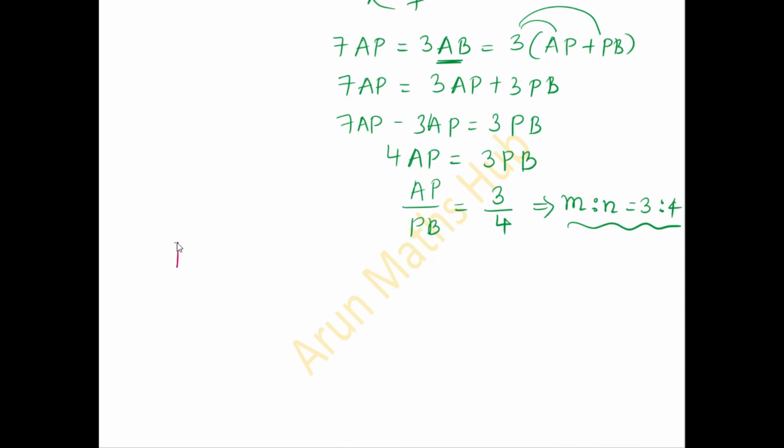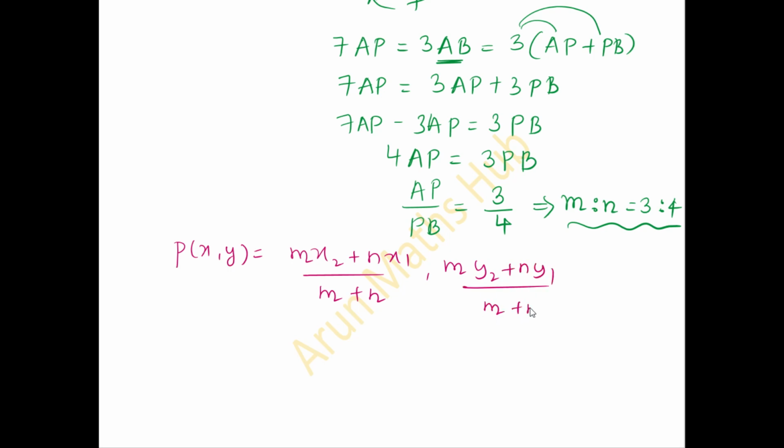By using the section formula, P of x, y equals (mx2 plus nx1) divided by (m plus n), (my2 plus ny1) divided by (m plus n).